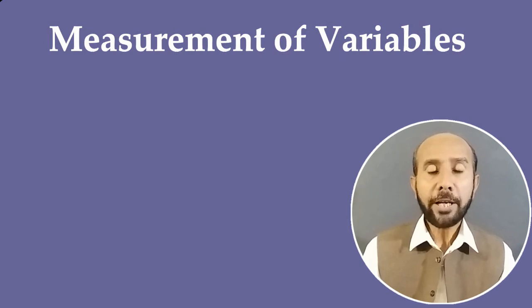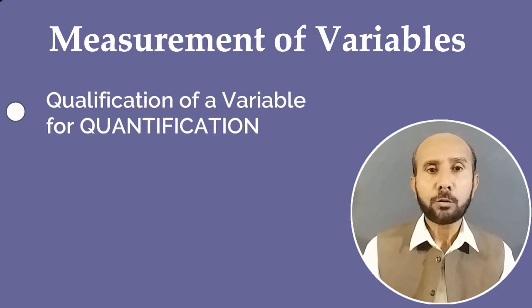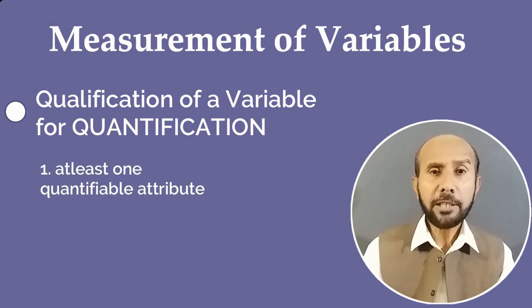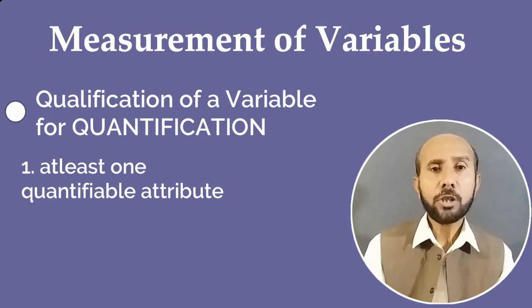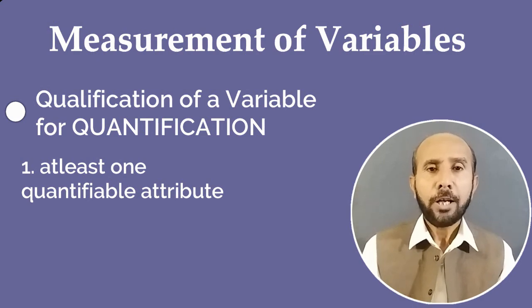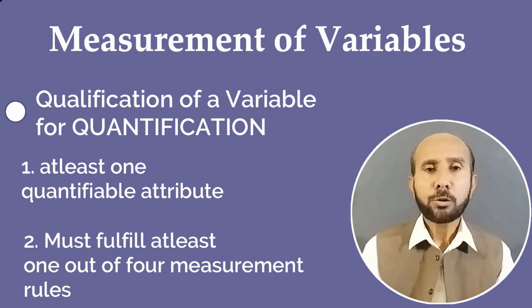In order to measure a variable in social science, we need to fulfill two criteria. Number one, a variable must have at least one attribute or dimension which is quantifiable in nature. And number two, that dimension of the variable or the attribute must comply with at least one of the four basic rules of measurement.